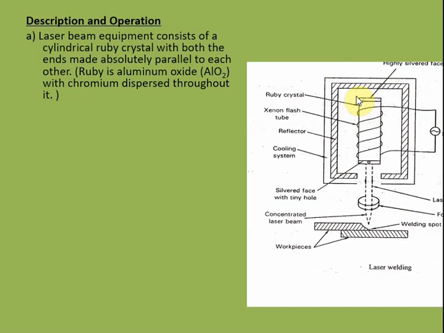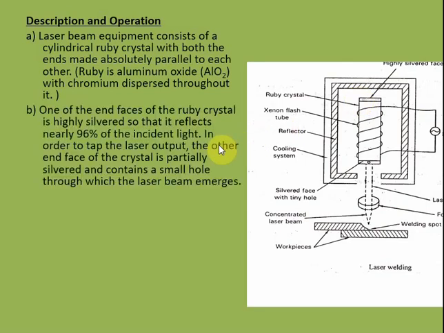The top end is plated with a highly reflective silver coating, which will reflect whatever radiation energy is emitted by this ruby cylinder back inside, and the other end is covered with the same silver coating, but it is partially reflective.